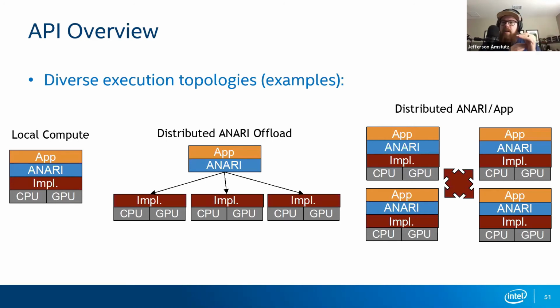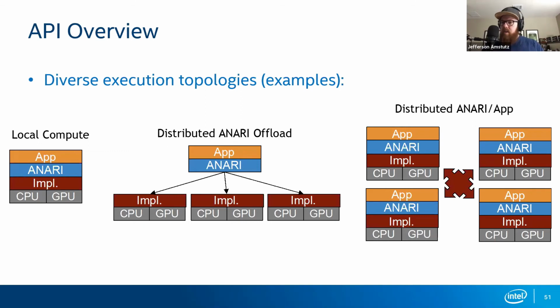when you have a standard semantic capture of what the scene is, and then the desire to get frames back from a certain vantage point of that scene, you can do interesting things like an implementation can farm off even subparts of the same image to multiple nodes in an MPI cluster, or on the far right side, you could have an existing distributed memory application, like an MPI simulation, where bits of the scene are on different nodes and they all talk to the same Anari API, and then the underlying implementation can take that and make a single image of all of the data.